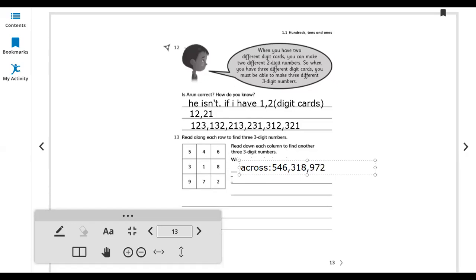And if we are moving downward, 539, 417, and 682. It's written here that you need to write in words, so you can write it with these numbers.